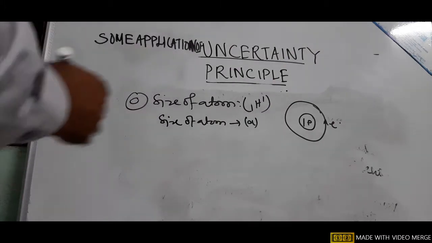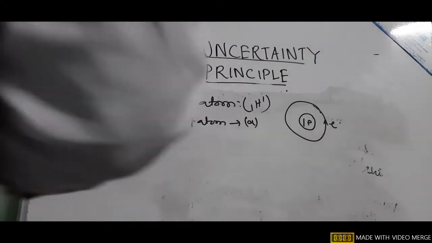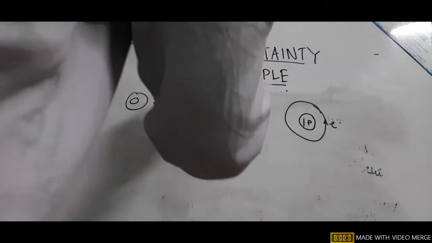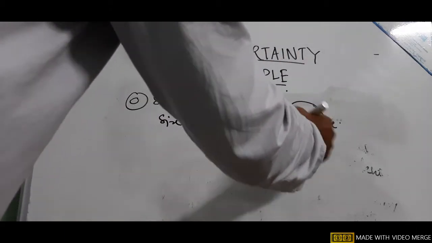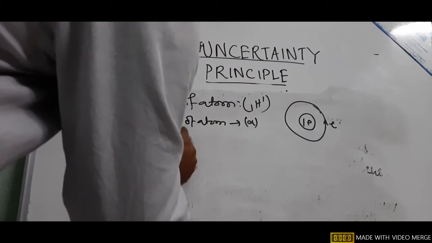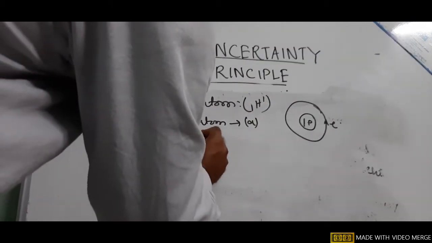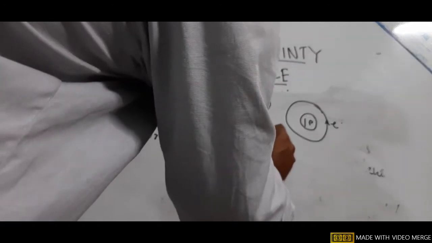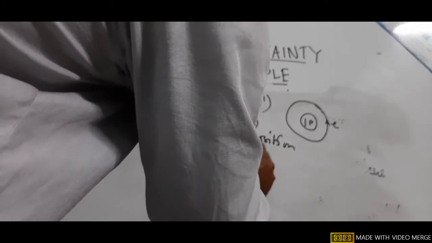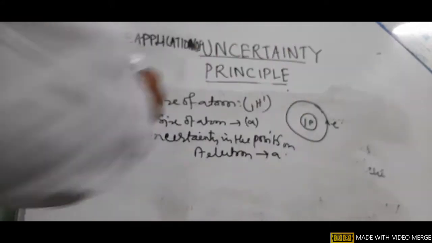This is the uncertainty in the position of the electron, which we are taking as a.